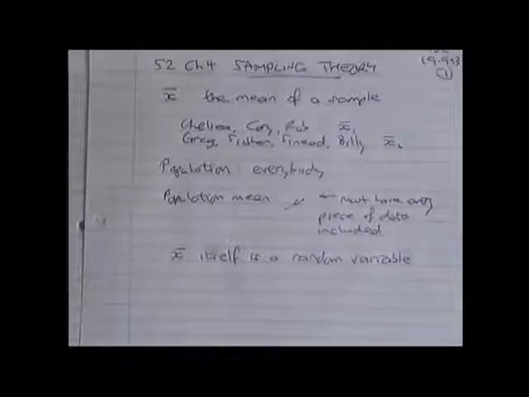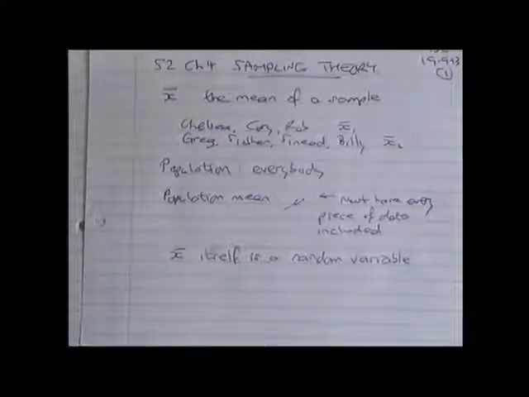So, x bar itself is a random variable. It will be different depending on who's in the sample. Okay? What do you think the average x bar should be? If I took lots of different samples here, and then average those averages of the samples, what do you think the average sample average should be?